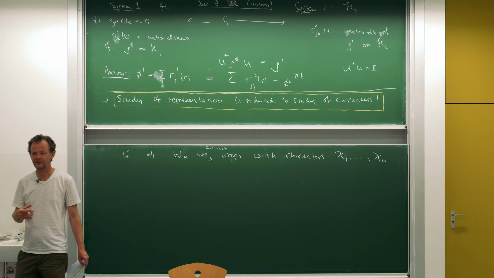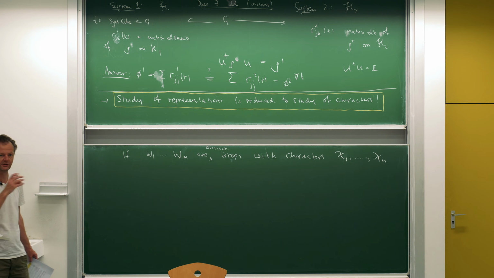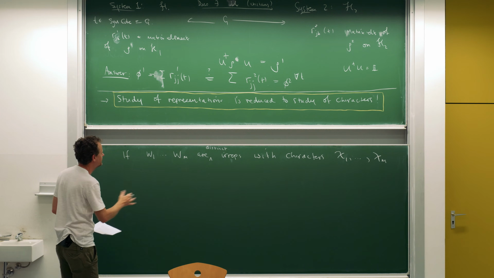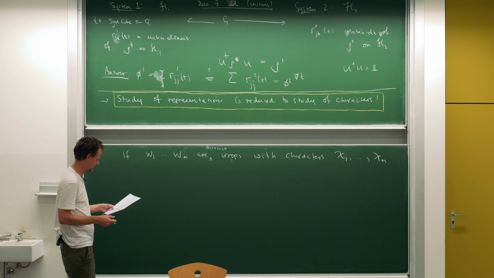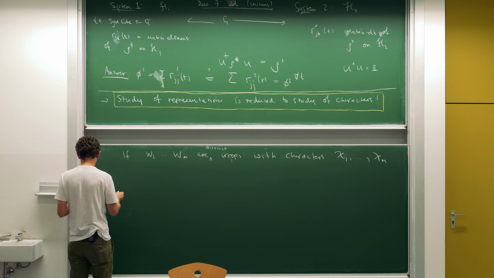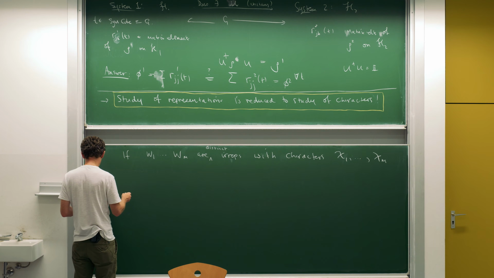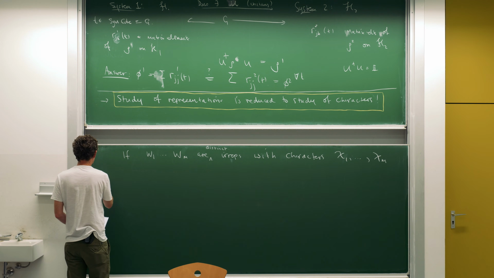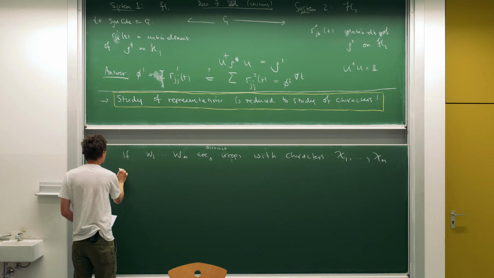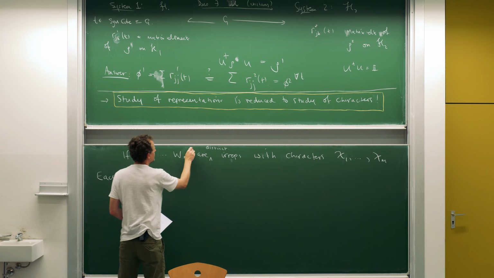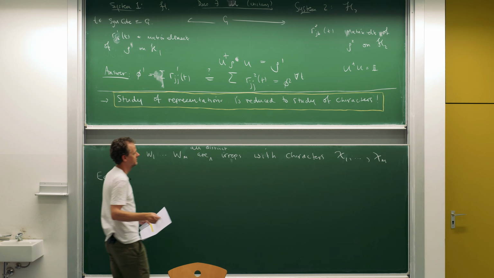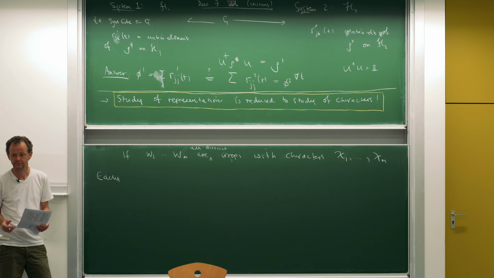So let's imagine now we have distinct irreducible representations. They're each non-isomorphic. We've got a list of them, and there are the characters right over there. And I should say, all distinct irreps of a group.